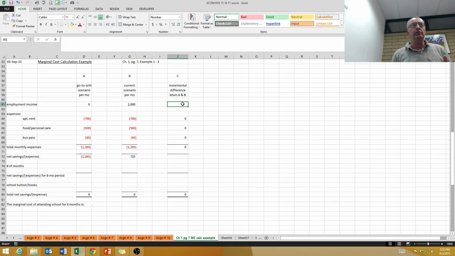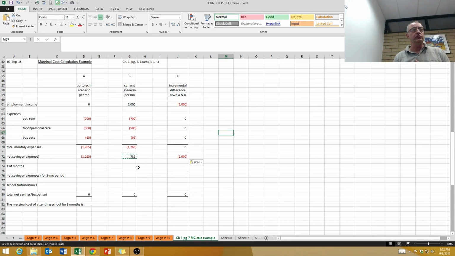But we know there's going to be a difference in her employment income. In the new situation, if she goes to school full time, she doesn't work, so she's going to be short in revenue by $2,000 per month, and that's going to show up in our little income statement here.